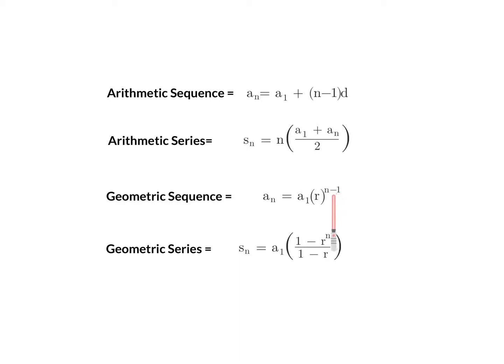And then again, the series, the adding up of all the pieces in the sequence, our summation or total of the sequence, is equal to the first term times 1 minus the rate raised to the number of terms power, all divided by 1 minus the rate itself.